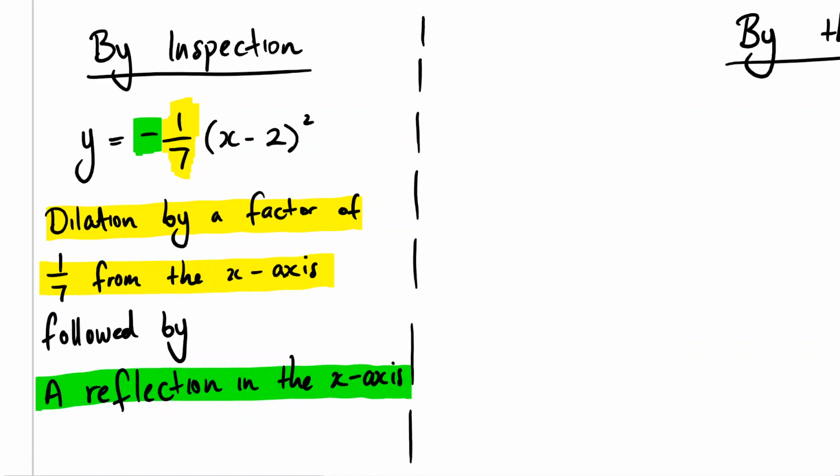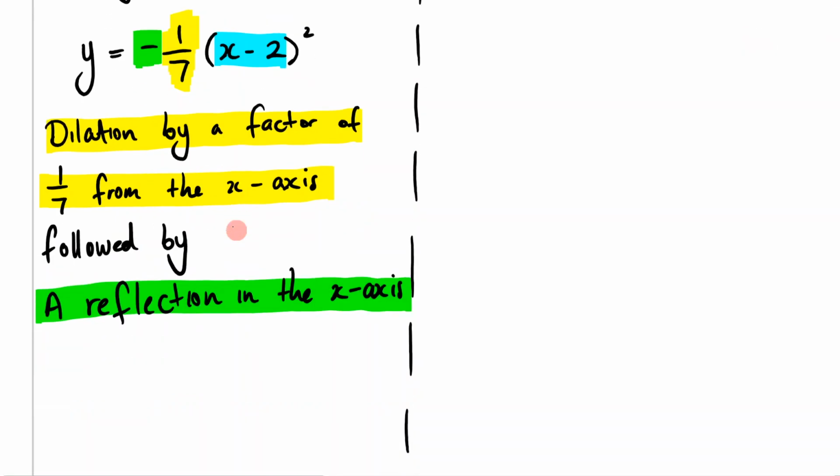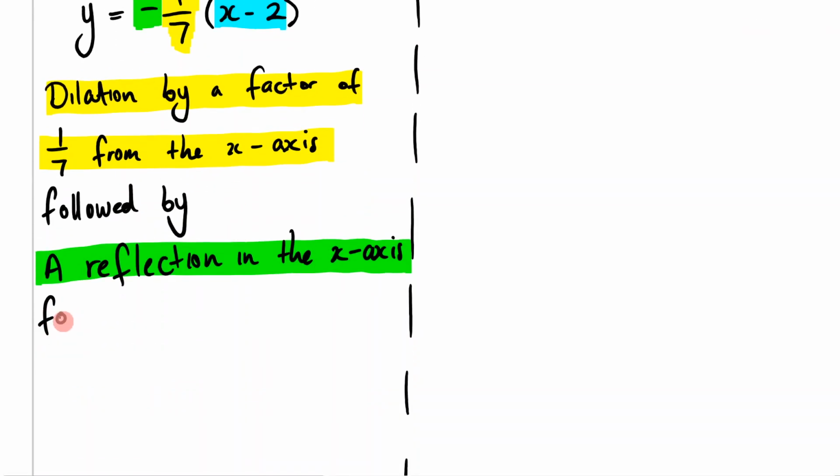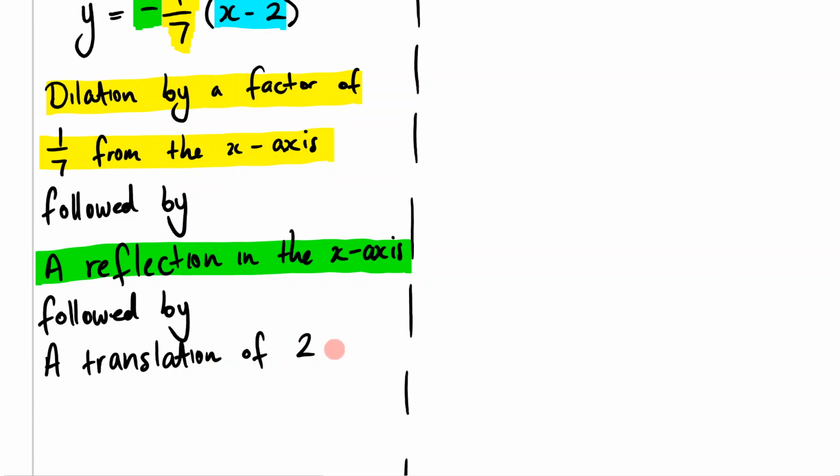And then finally, what we have to deal with is this right here, which is a translation. So let's grab our pen yet again. And we're going to say followed by a translation of 2 units in the positive x direction.